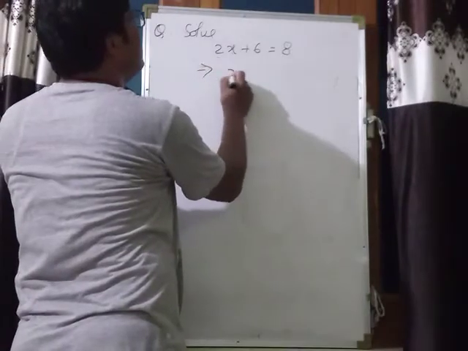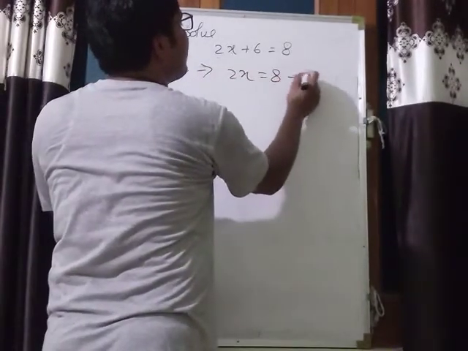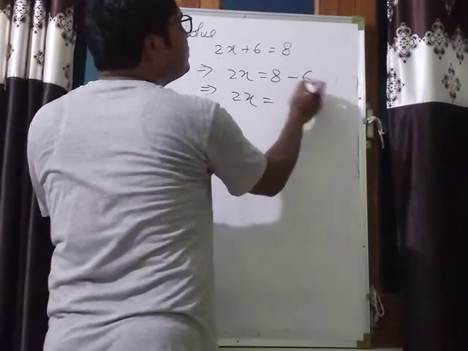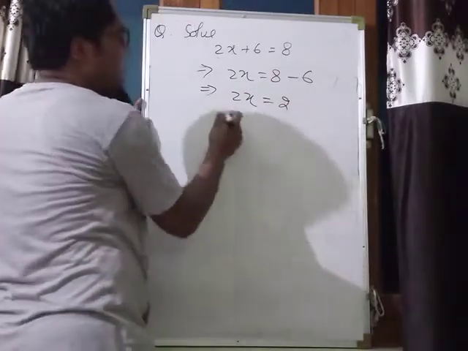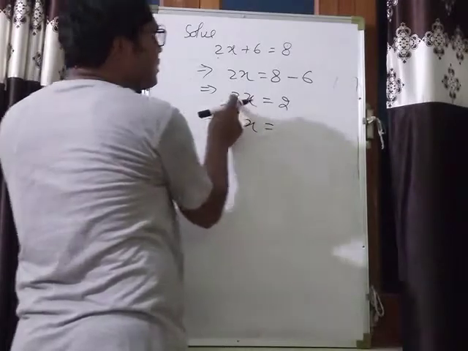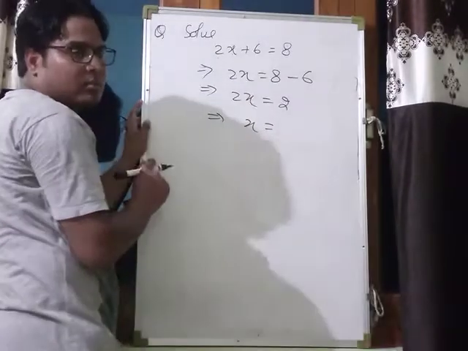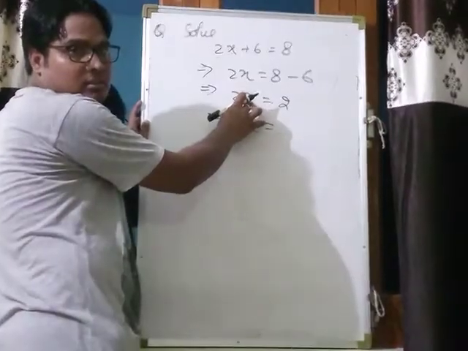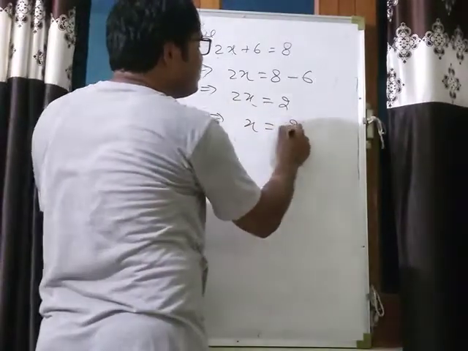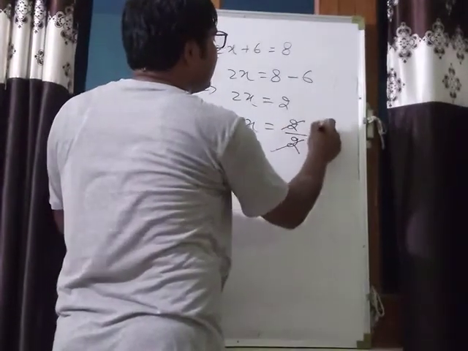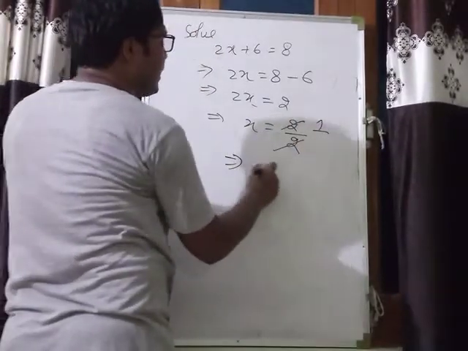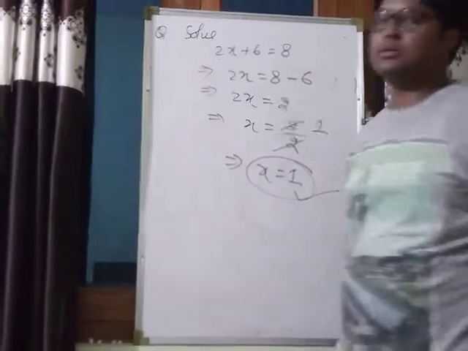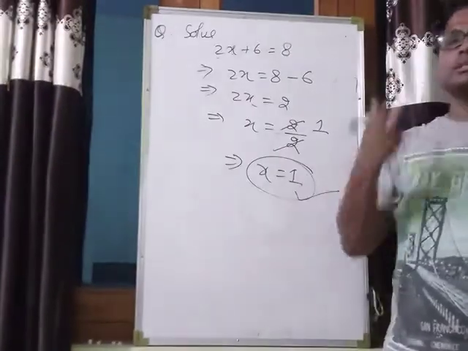So what do we have? 2x is equal to 8 minus 6, that is 2x is equal to 2. That is x is equal to, now transfer this 2 to the right side. Here 2 is multiplied with x, so it will divide. 2 divided by 2, that is 1. So x is equal to 1. That is the solution of this equation, and that is the process to solve this equation.